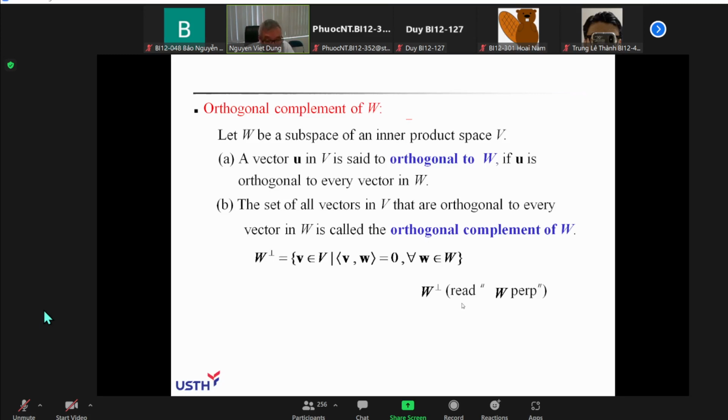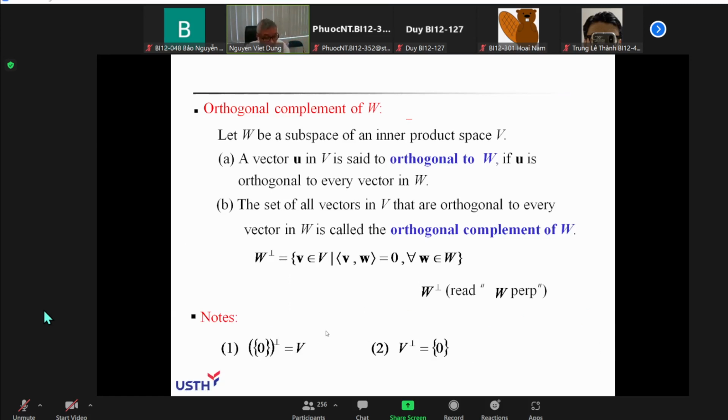Or by formula you have W perpendicular equal to the set of all v in V such that the inner product of v and w equals 0 for all w inside the subspace W. Okay.